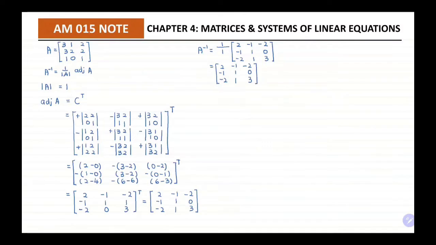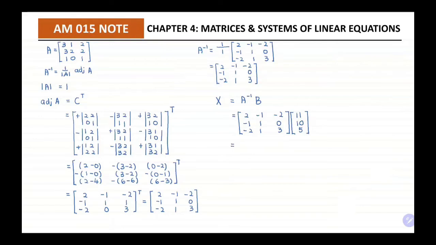Okay. Actually, we want to find X. Okay, our X is A inverse times B. Okay, we put A inverse 2, negative 1, negative 2, negative 1, 1, 0, negative 2, 1, 3. We multiply with matrix B, 11, 10, and 5.